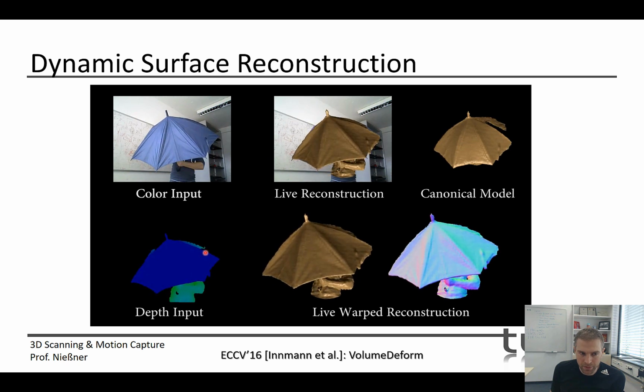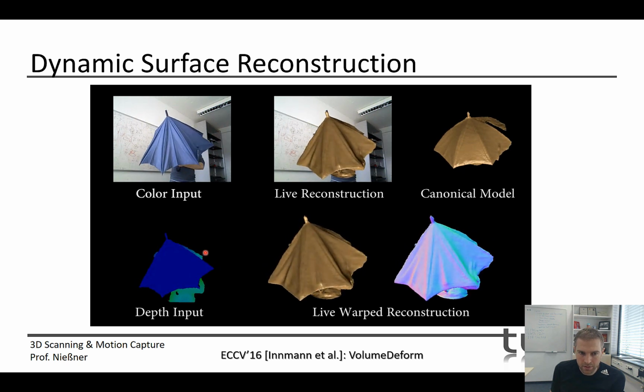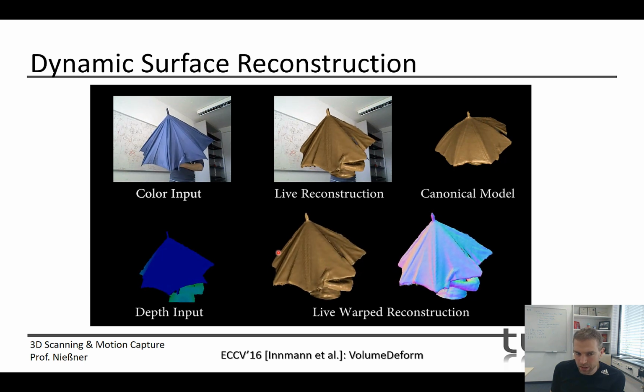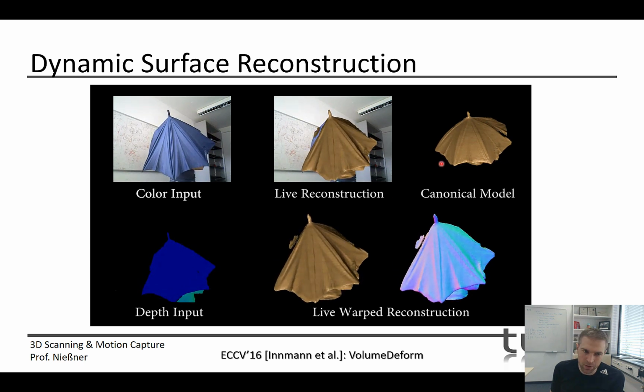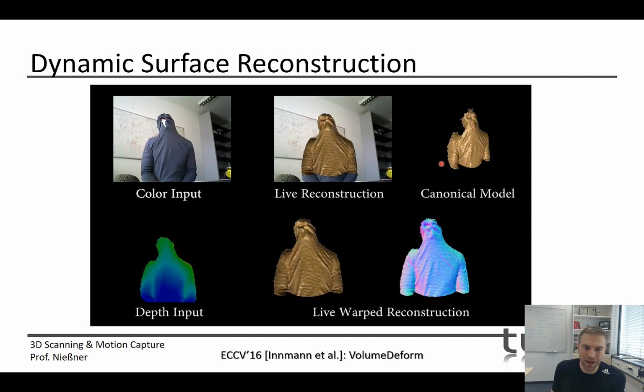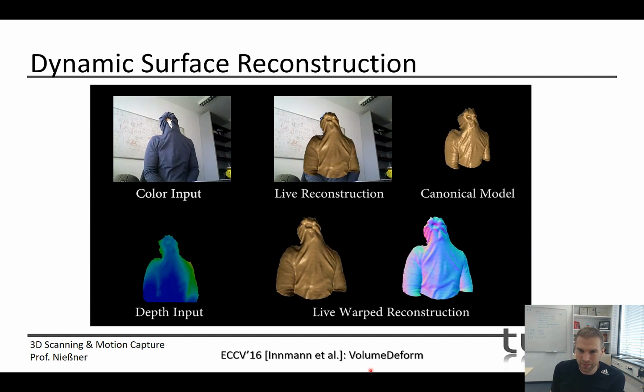You have the depth input. You have the respective warped reconstruction. That is basically this canonical model, quote unquote, multiplied with the deformation parameters to the current frame.